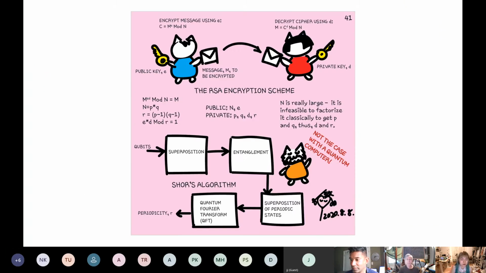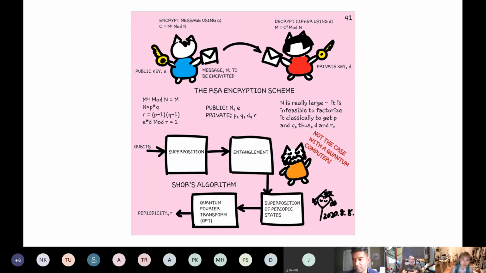Just a quick recap of Shor's algorithm and the problem that it will create: the RSA encryption scheme that we talked about last week is based on the fact that classical computers are really bad at factorizing large numbers.